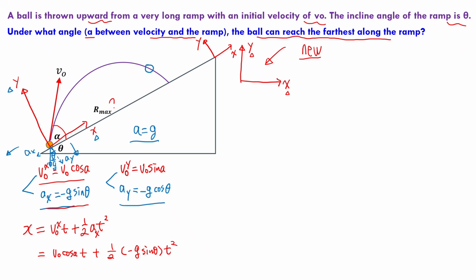So this question basically asks how I can maximize my range. In other words, how I can make my x displacement the largest. I know everything except the time. So how do I find my time? That would require knowledge along the y direction. We know along the y direction, the motion is also constant acceleration.